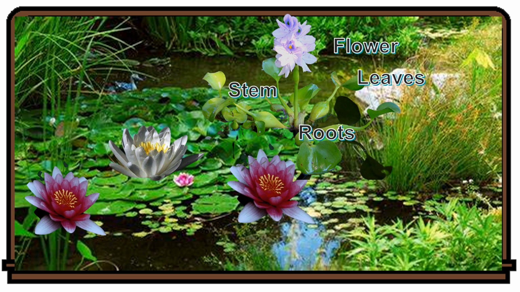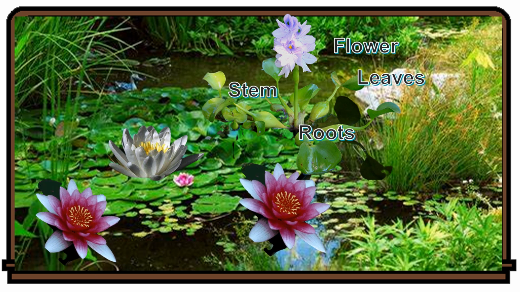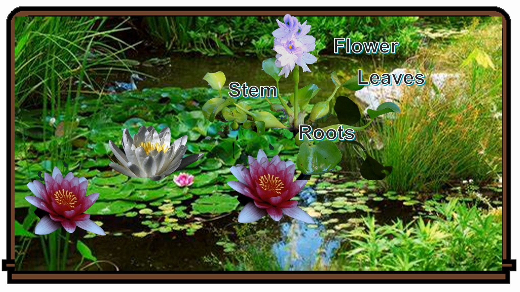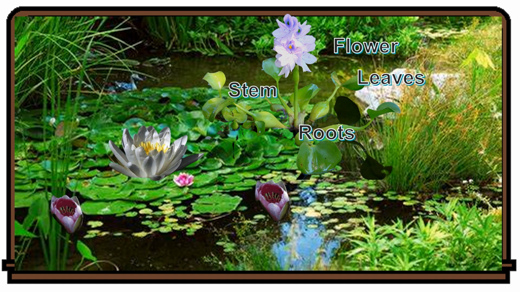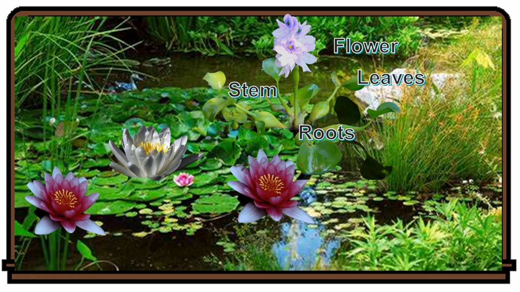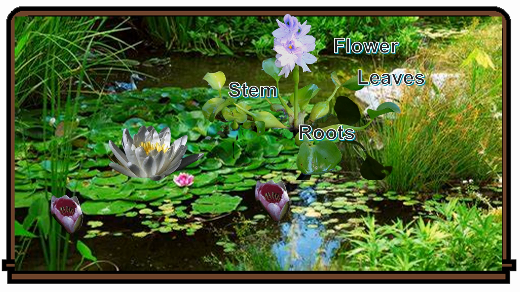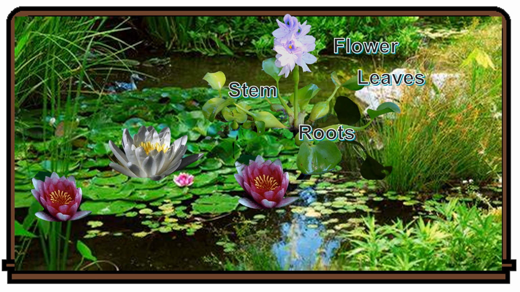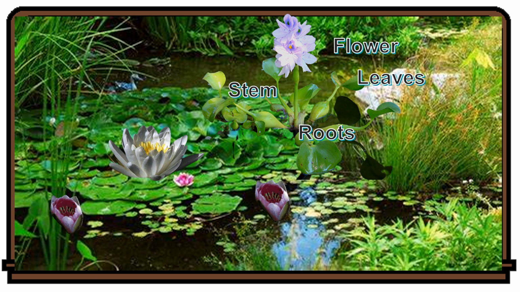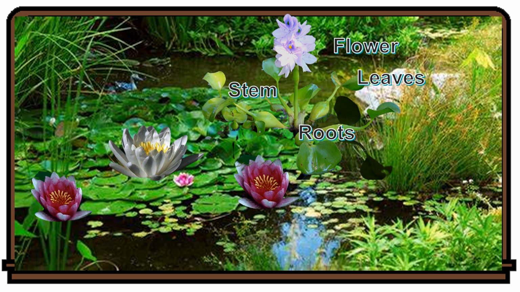Aquatic plants and terrestrial plants have common parts, which are the flower, the leaves, the stem, and the roots. For today's lesson, we are going to find out the characteristic of aquatic plants.